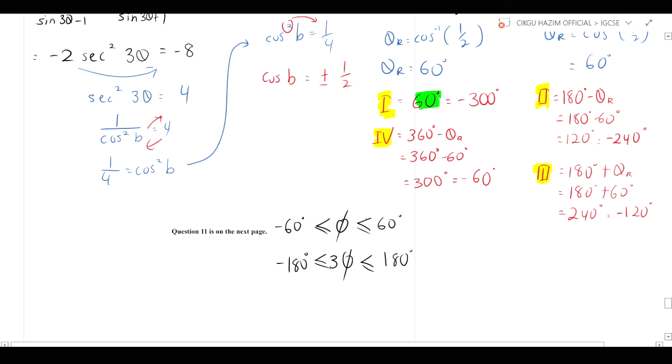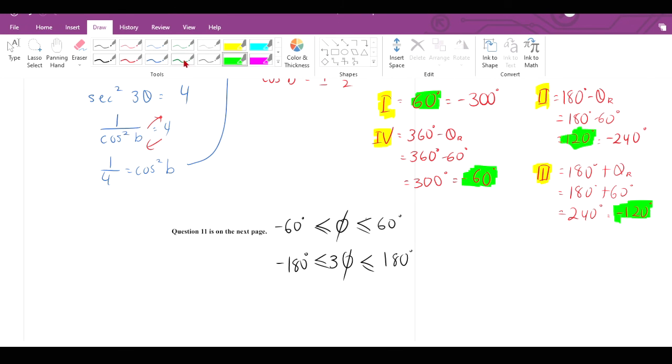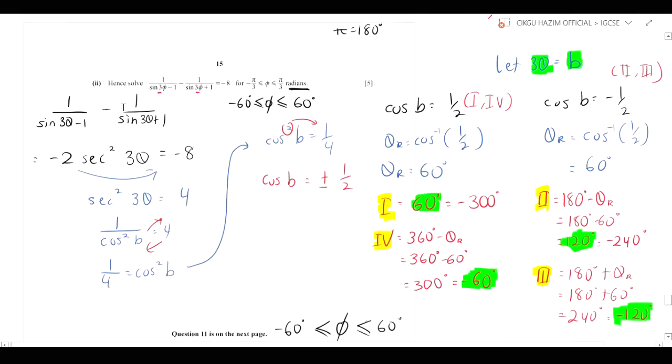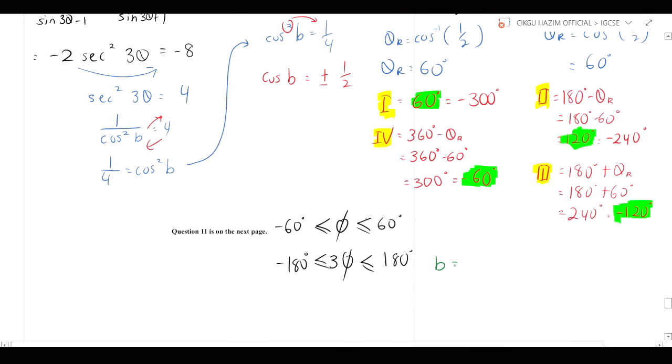We can say that 60 degrees is within the range, negative 60 degrees is within the range, 120 degrees is within the range, and negative 120 degrees is within the range, because 240 degrees is already more than 180 degrees. So our final answer, we have 4 values here. B is equal to negative 120 degrees, negative 60 degrees, 60 degrees, and 120 degrees. We arrange from negative to positive.